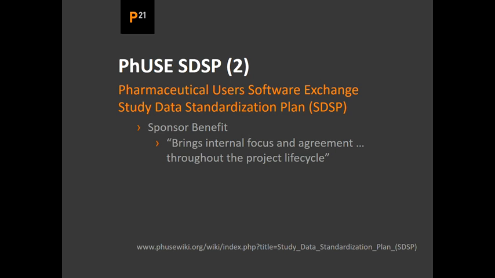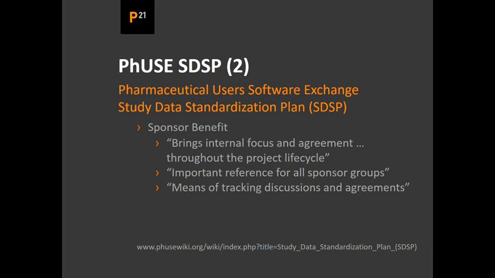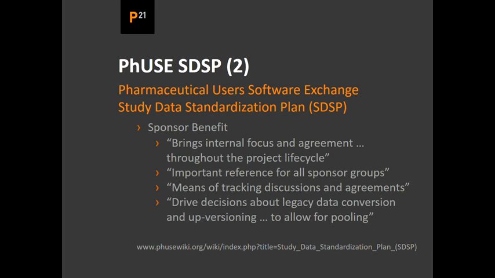I really can't add anything to this, so this is completely from the FUSE sub-team, that it would bring the focus and agreement throughout the project lifecycle on what the data standardization plan is and what the goals of them are. It would be the reference for all groups, both sponsor and FDA, a means of tracking the discussions and the agreements that you would have with regulators on what versions of the standards you're going to use and what issues you have with those.